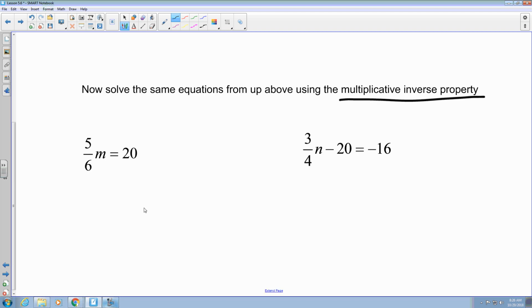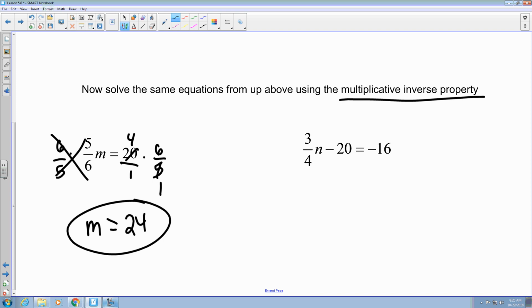Here we know that the reciprocal of 5 over 6 is 6 over 5, so write that in. Those cancel, those cancel. Now I have m is equal to 20 over 1, essentially, times 6 over 5. I know that 20 and 5 are both divisible by 5. This turns into 1, this turns into 4, and 4 times 6 is 24.